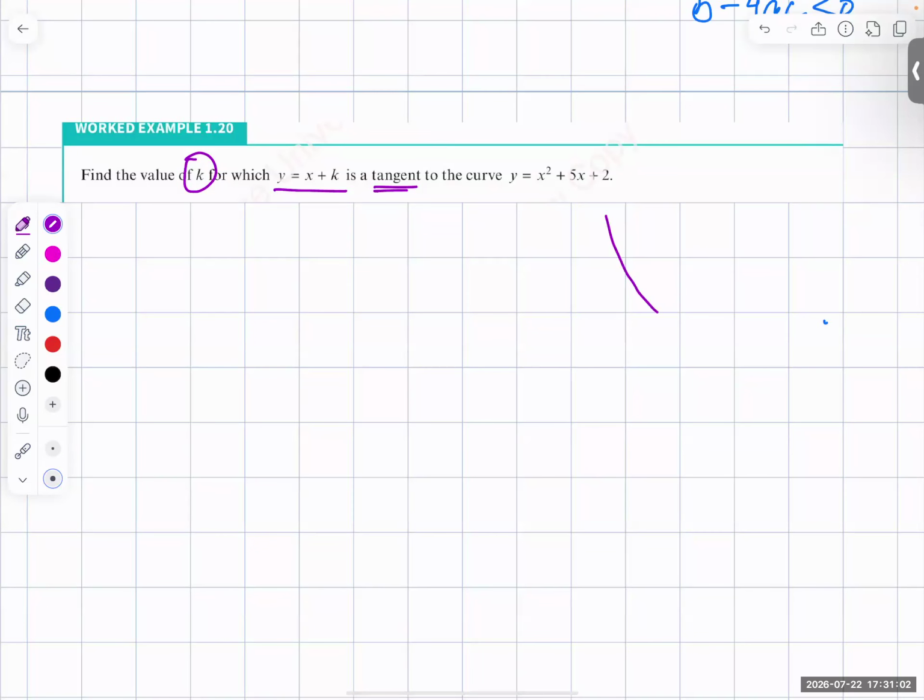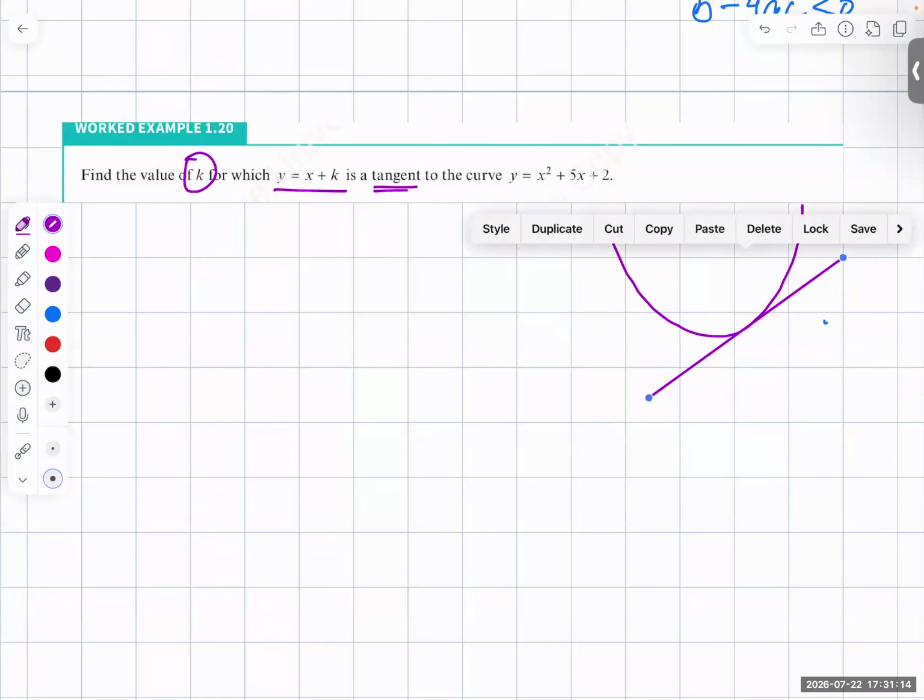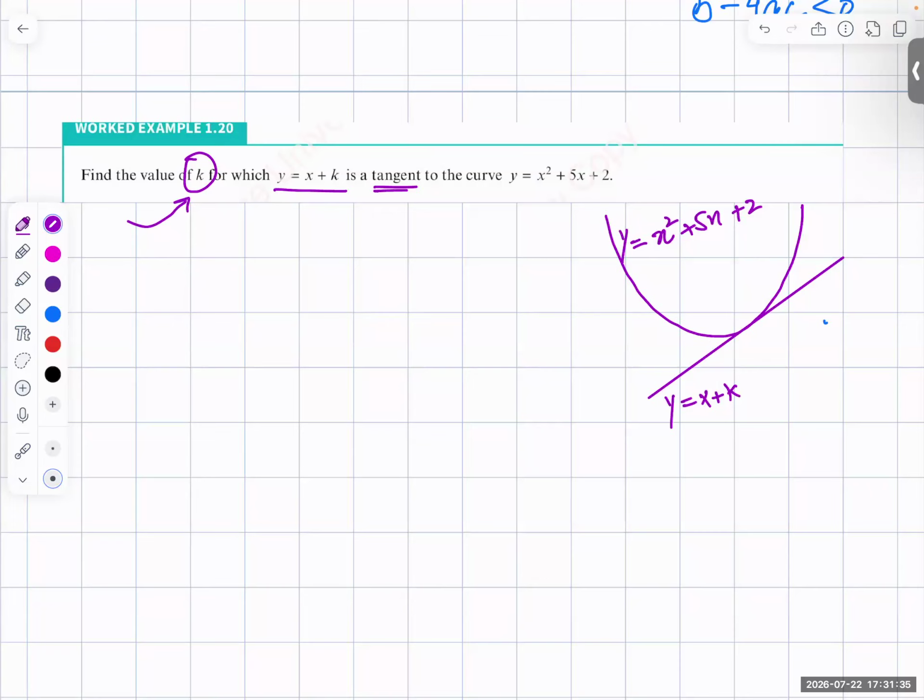Now we know that a quadratic curve is like this, and a straight line is like this. So this straight line is y equals x plus k, and y equals x square plus 5x plus 2 is a quadratic curve. Now we need to find the value of k for which this line is tangent to the curve.